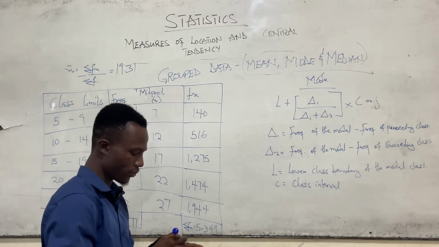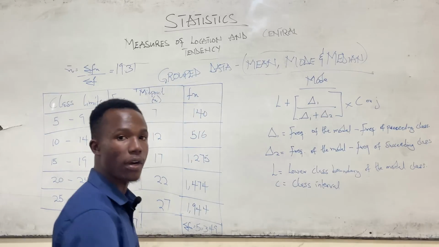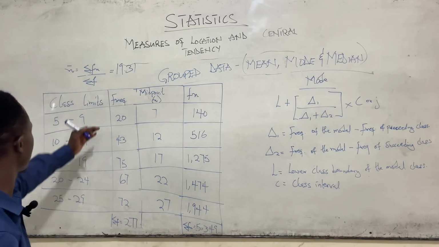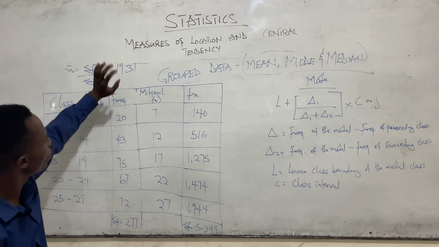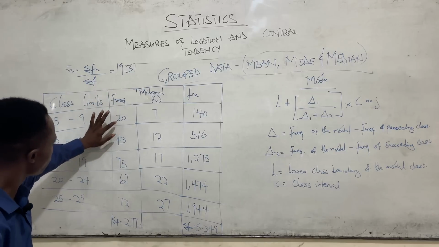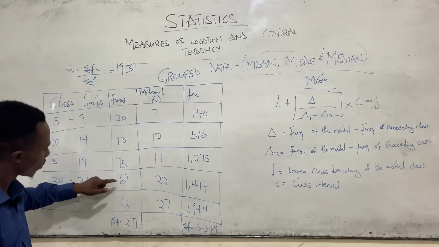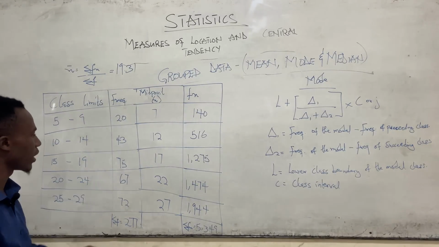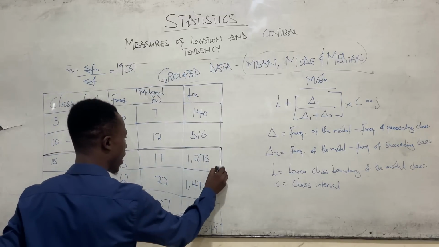Now you ask yourself, before you even start with your calculation, you have to know the modal class, right? Which of the classes here is the modal class? First, you check the frequency. Which class has the highest frequency? We have 75 here, and 75 has the highest frequency. It means this particular class is our modal class.